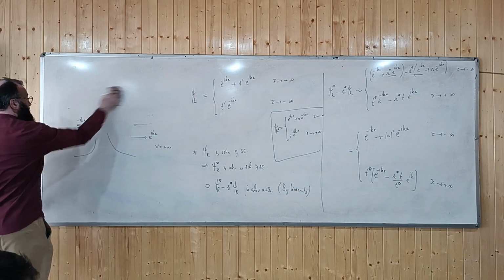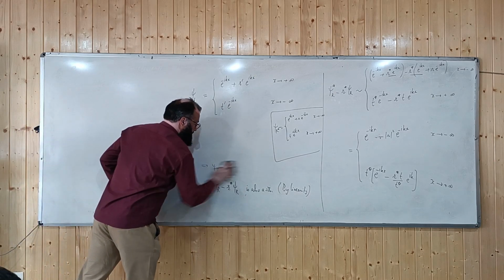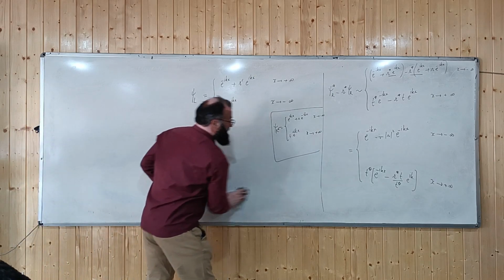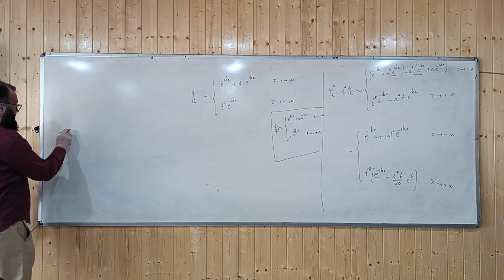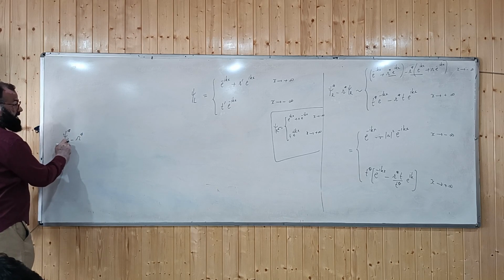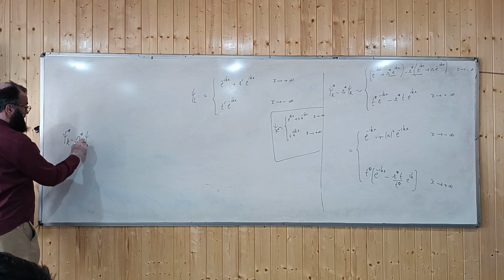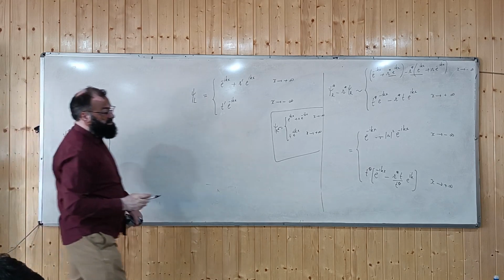So this is a very important thing. So what you are having now is psi star R minus R psi R. So this is actually equal to 1. Now look here.